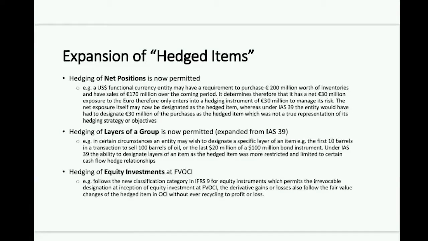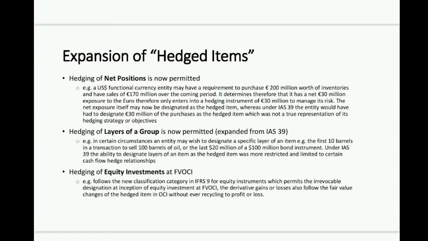So components and layers seem similar at face value, but they're a little bit different once you get into the detail of it. This was permitted to a degree under IAS 39, but it is much more open in terms of your opportunities to hedge layers of a group of items than it was under the old IAS 39 standard.